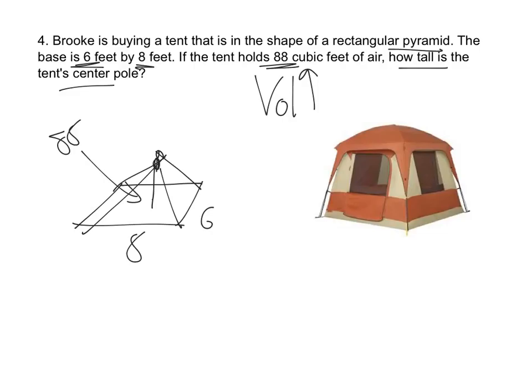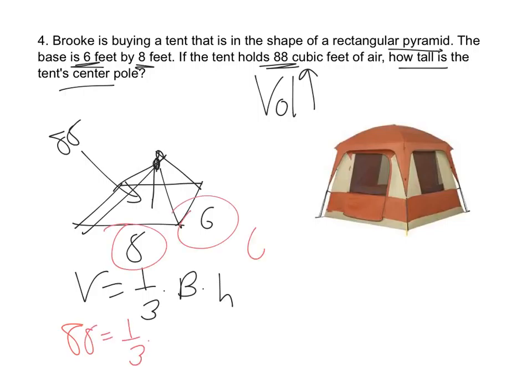Okay, so volume equals 1/3 times base times height. They're giving you the volume though. So the volume is 88. You know the 1/3. You know the base is going to be 6 times 8, so that's going to be 48 times the height.